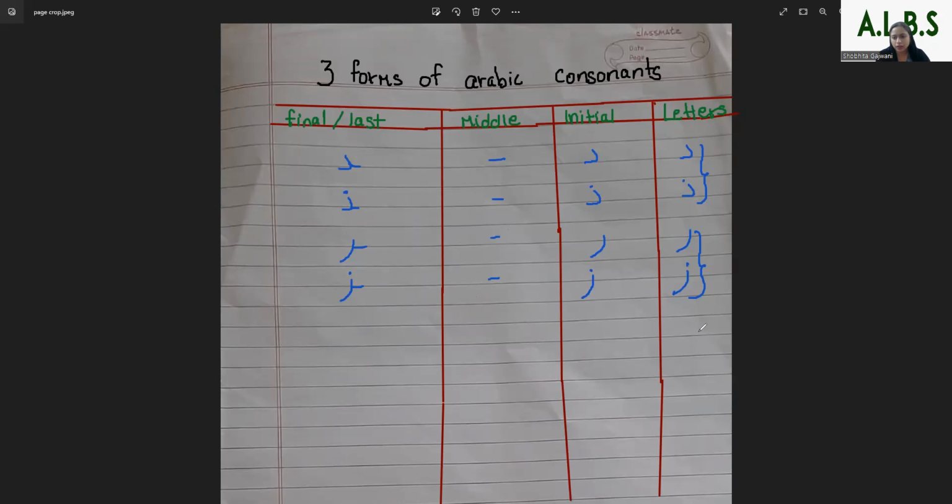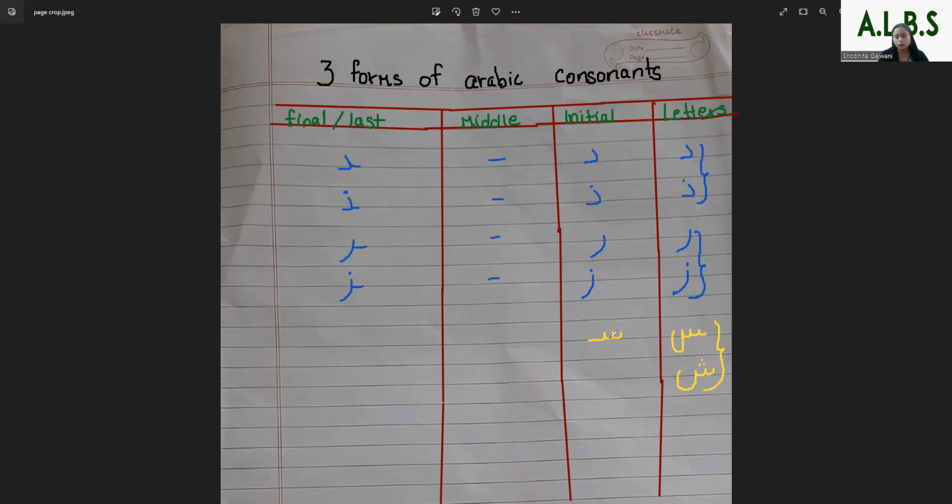Now the next are Seen, Sheen. As these two form one family, first I'm going to draw their structures.